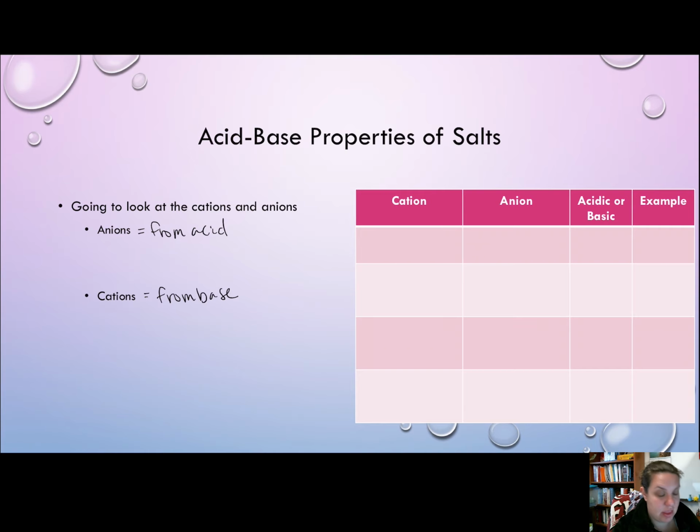Okay. Now, if the acid it came from is a strong acid, then it is the conjugate of a strong acid, which means it is pH neutral. However, if it is from a weak acid, the conjugate of a weak acid is a weak base.